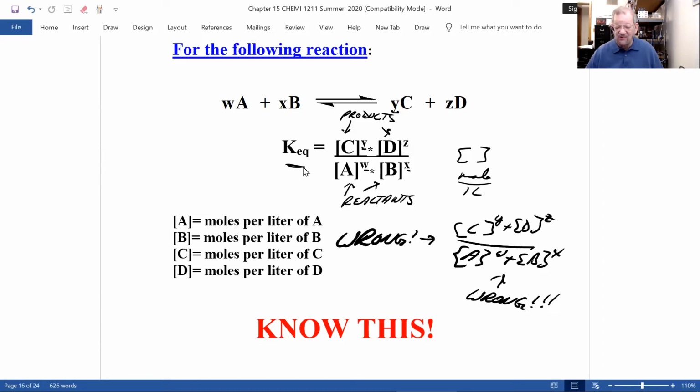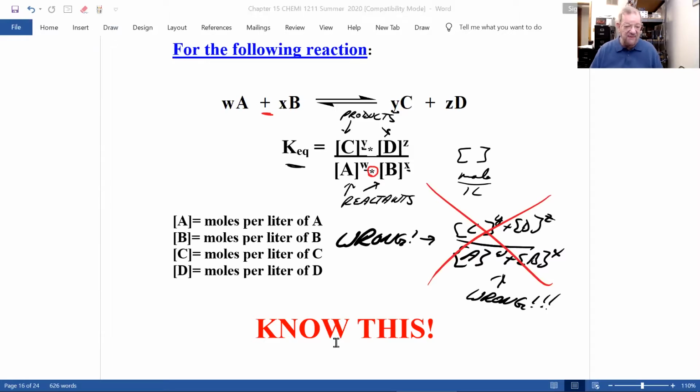I guess now it's doubly wrong. Yes, it's wrong. And Dr. White marks it wrong. It's a multiplication. Make sure you do that. What I think is they just see this and think it should go there and it should go over here. It doesn't. So that's how you do an equilibrium constant.